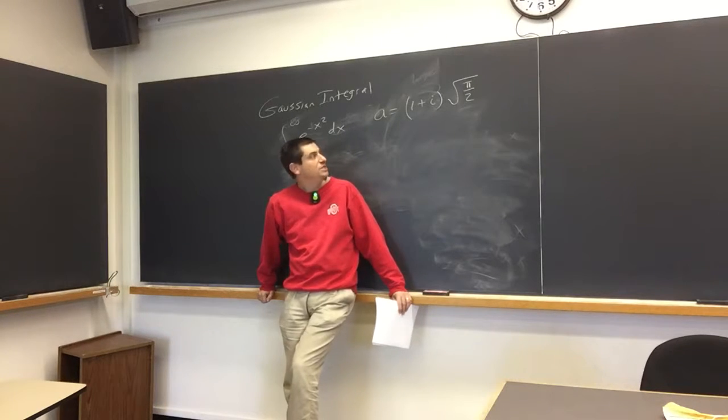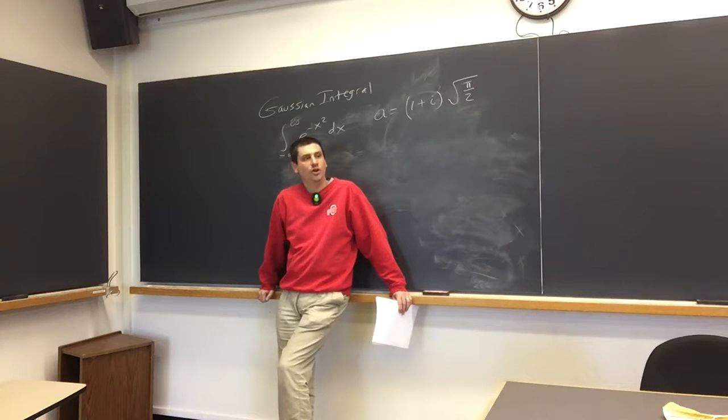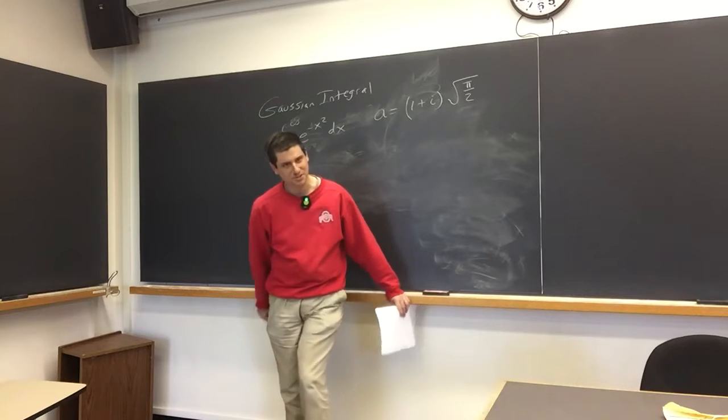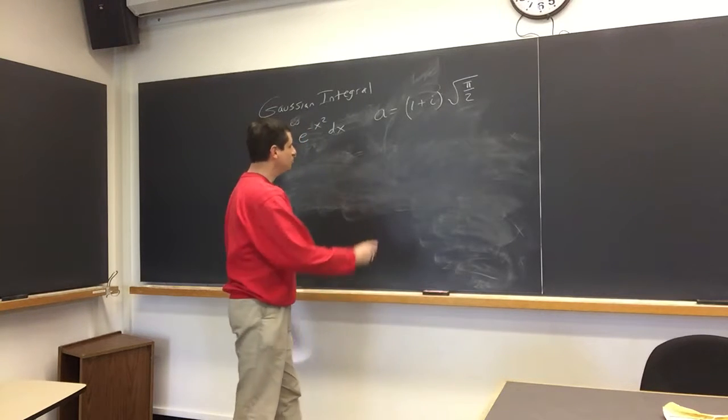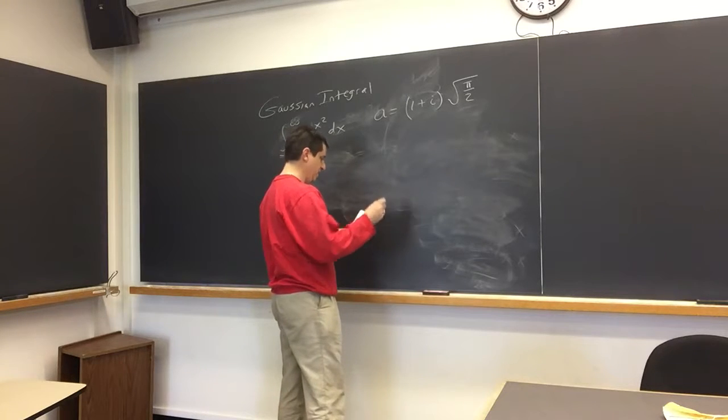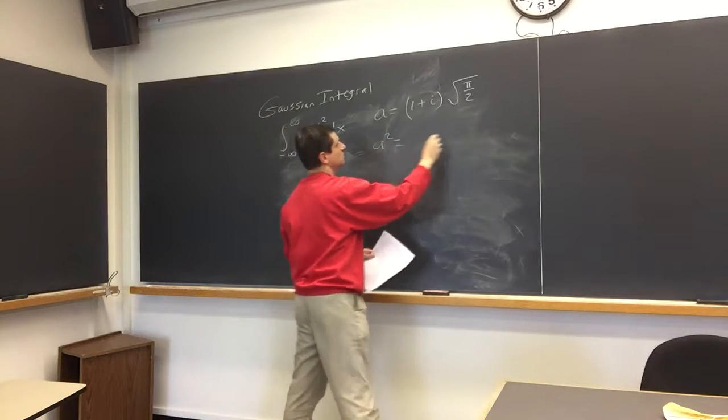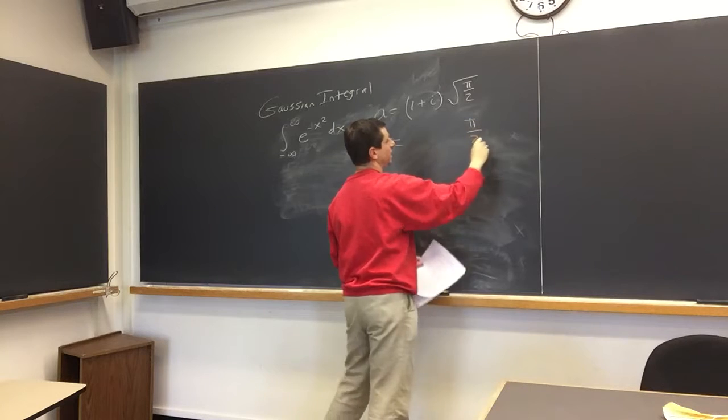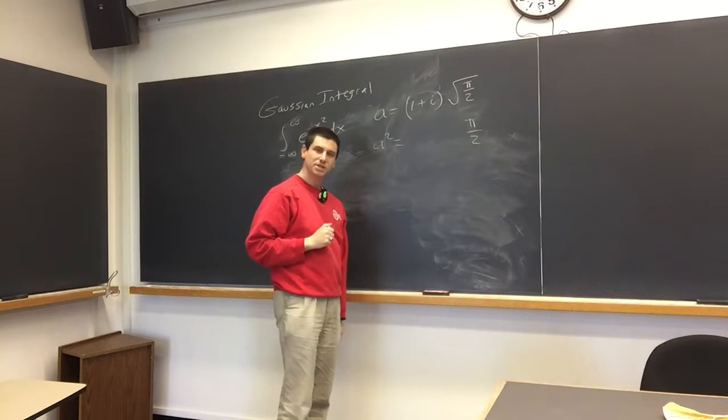What we could probably do instead is take a to be some kind of constant and then try to figure out which constant is going to make things nice. In the interests of time, I decided to be divinely inspired today. Let's look at some nice things about a. If we look at a squared, this is going to just become pi halves. And what's 1 plus i squared?